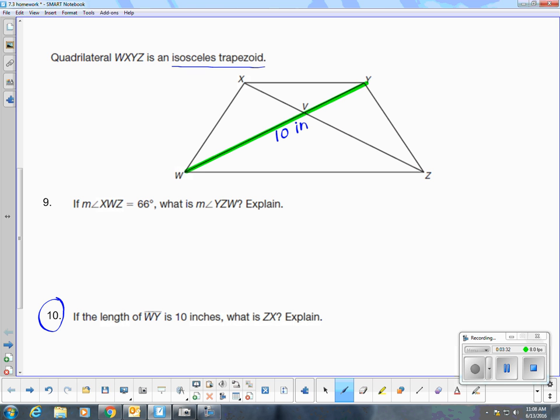They're wanting to know the distance from Z to X. What's the length of ZX? And that distance is also 10 inches. And the reason is, in an isosceles trapezoid, the diagonals are always congruent.